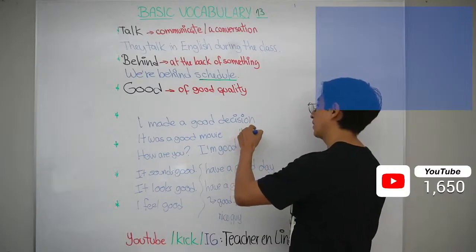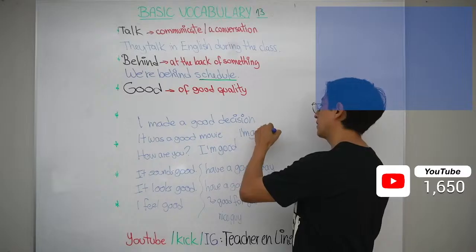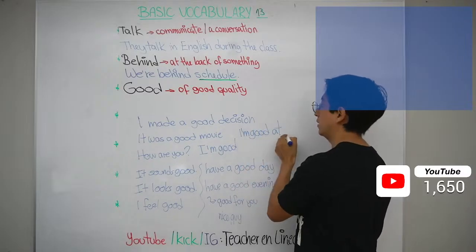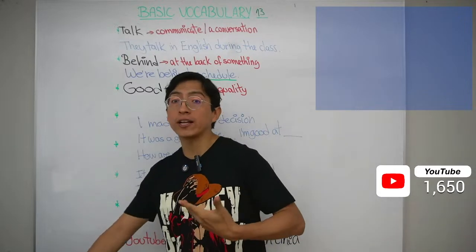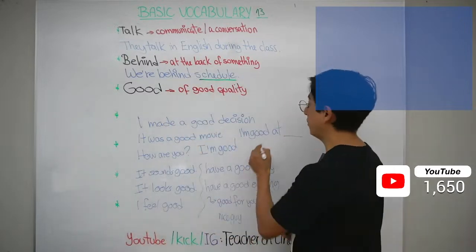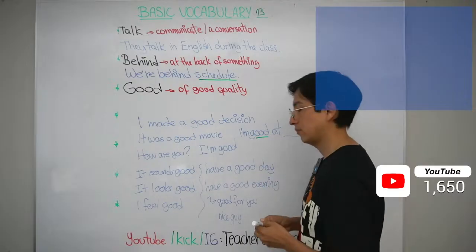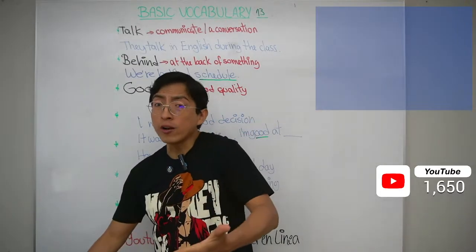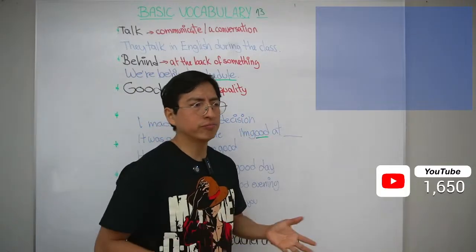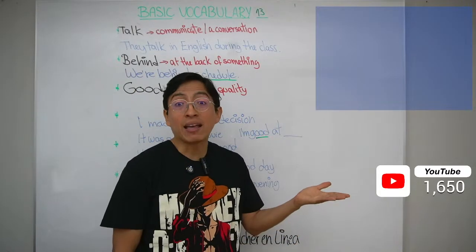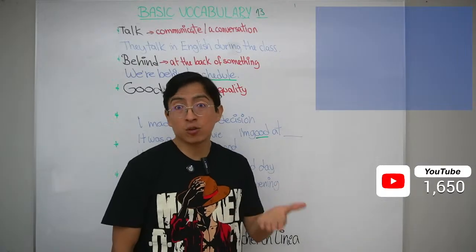I'm good at. Okay, this is another way to use this word too. I'm good at English. I'm good at soccer. I'm good at cooking. Yes, I'm good at math. I'm good at history.